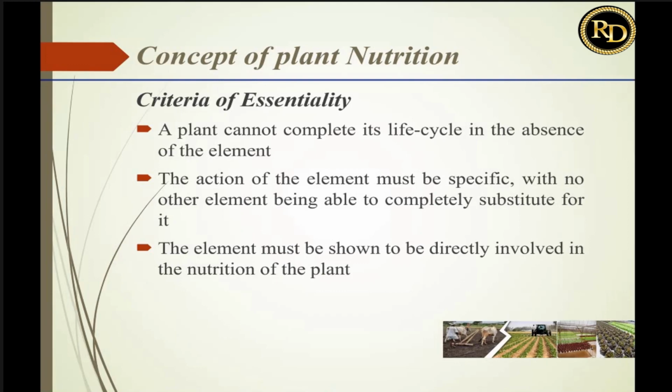So one of the concepts to understand is the criteria of essentiality, to be qualified as an essential nutrient, which is 19. If you take out the CHO, it is less than that.